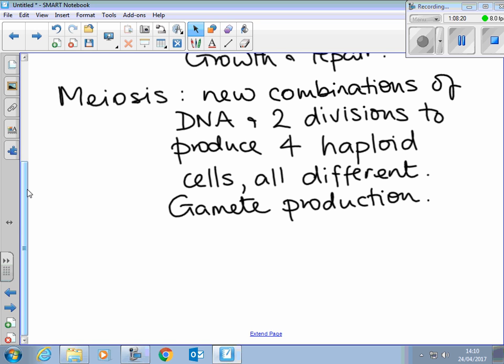So if we're going to divide the cells, then we need to be able to copy the DNA. And this happens in both types of cell division. You need to be able to produce new DNA.